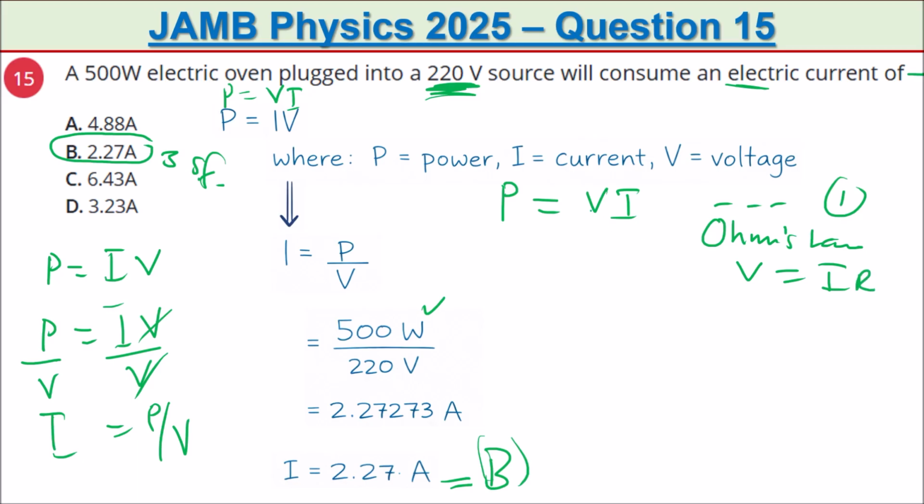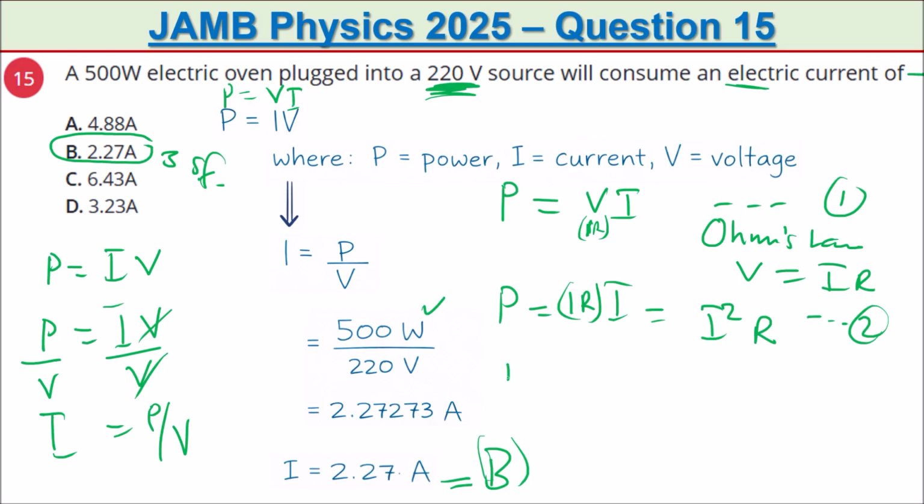So we can put IR where there is V. We are going to have equation number 2, which says power is equals to IR times I, because we are putting IR where there is V, since they are equal. That is going to give us I squared R. This is equation number 2.